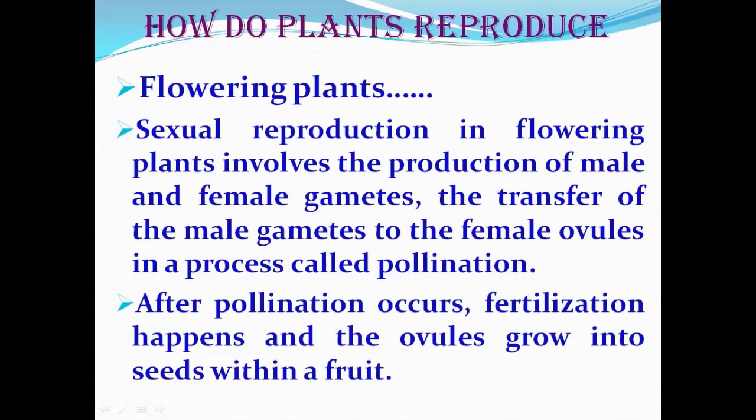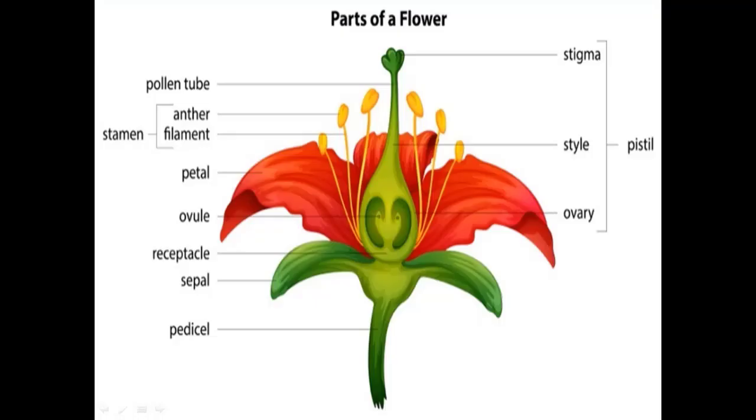In other words, pollination is the transfer of pollen from an anther to a stigma. After pollination occurs, fertilization happens and the ovules grow into seeds within a fruit. Here you can see the different parts of the flower.